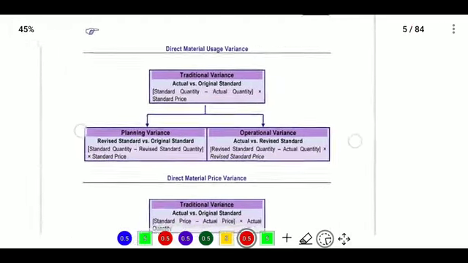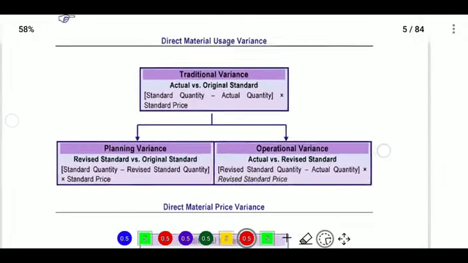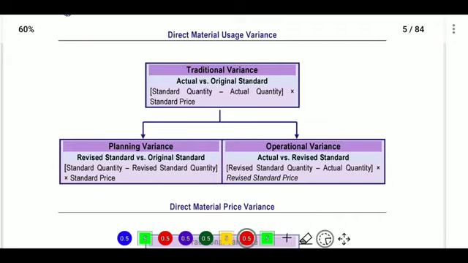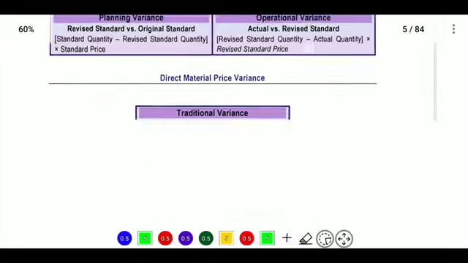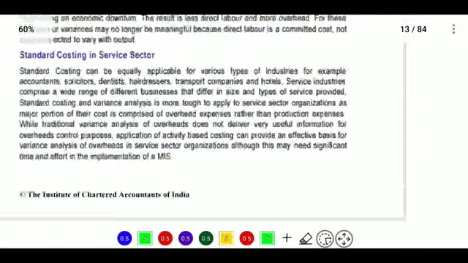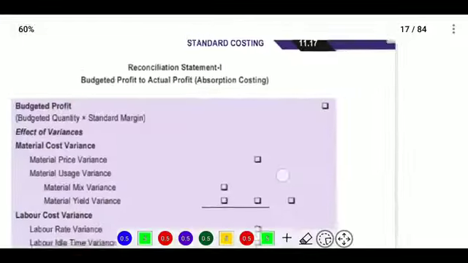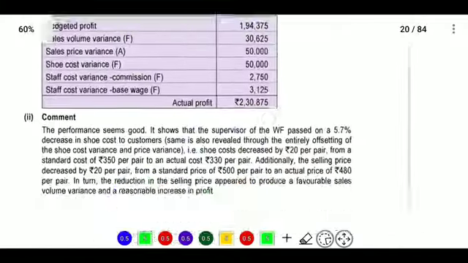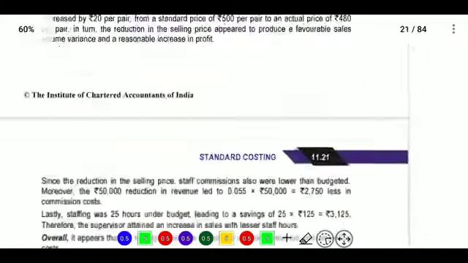Next, here we will see direct material usage variance. Firstly, in this chapter we have many formulas. How many formulas do we have? Firstly we will see one concept: the overall concept is the reconciliation statement.